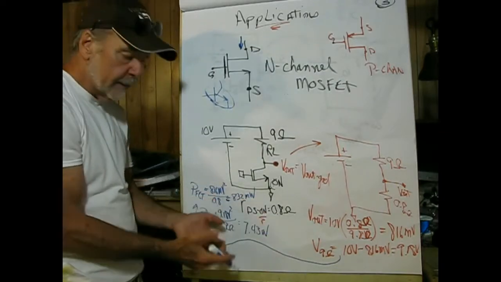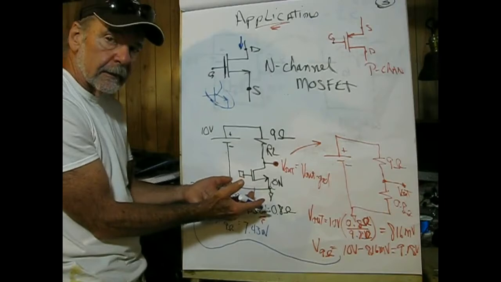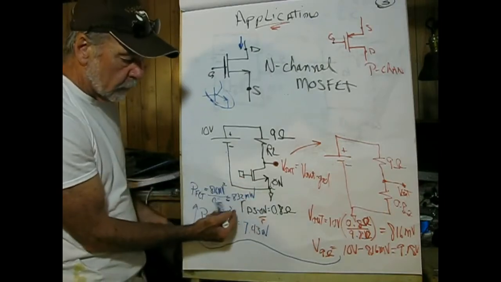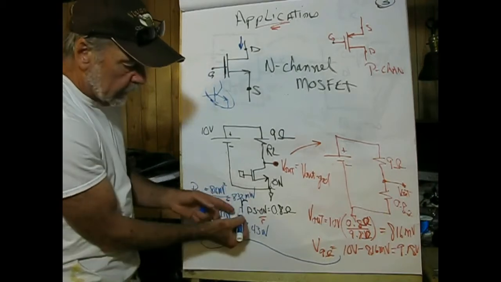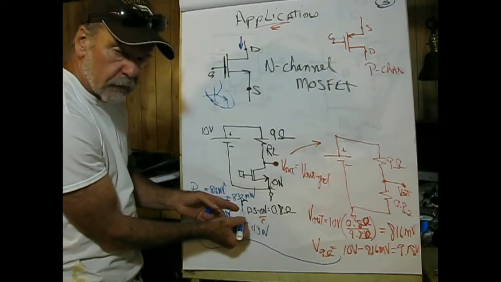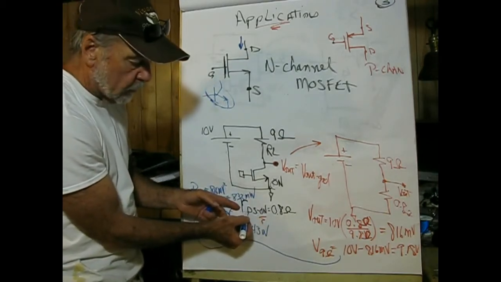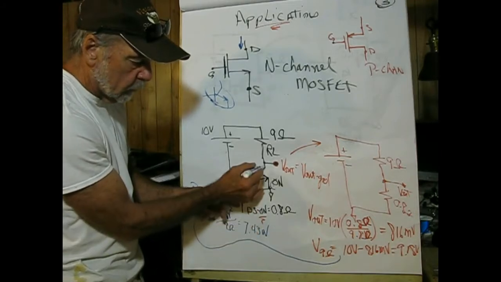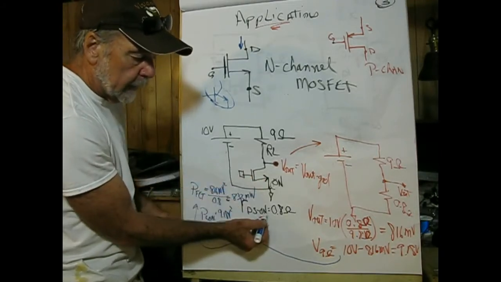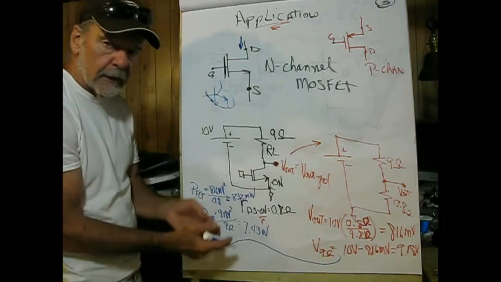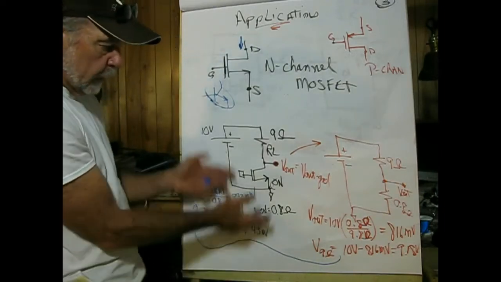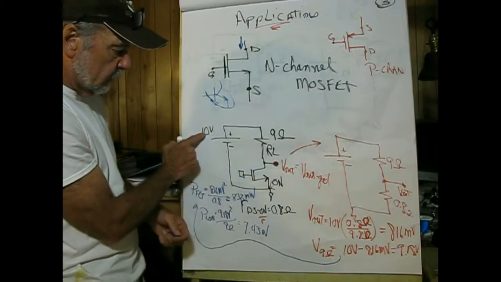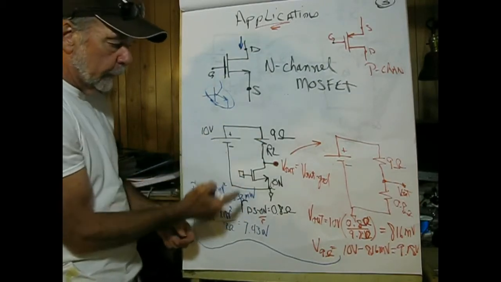It's not really, it's embedded in the silicon, but it looks like a resistor, and the name of that is RDS on, standing for resistance drain to source on, and we're going to let this be approximately 0.8 ohms.